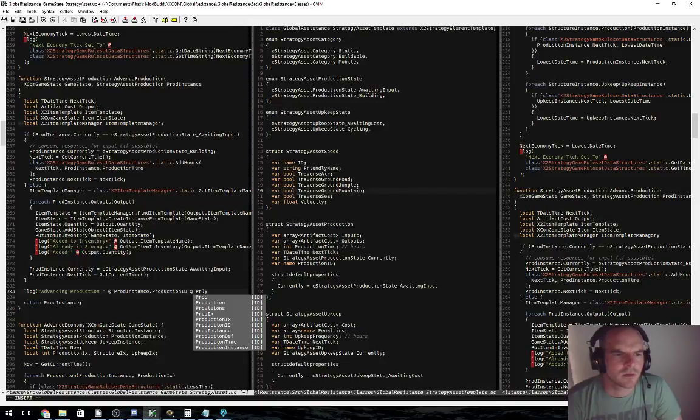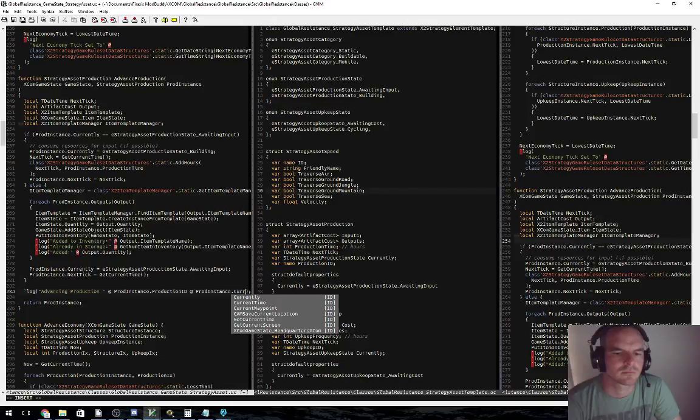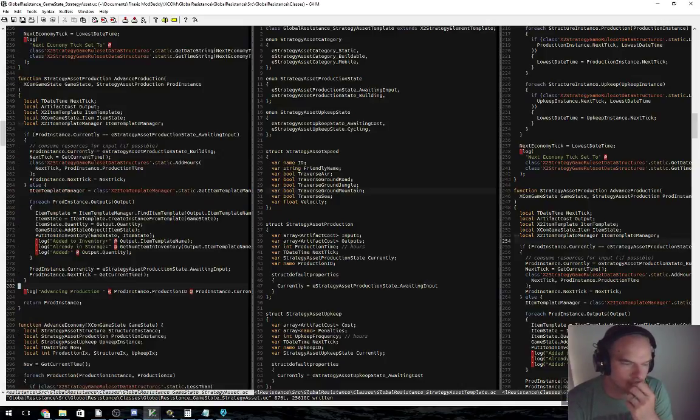Okay, I need to know what the next... So I go through them and set prod instance currently to awaiting input. If it's awaiting input, then it immediately goes. And get current time means that next tick should be accurate.